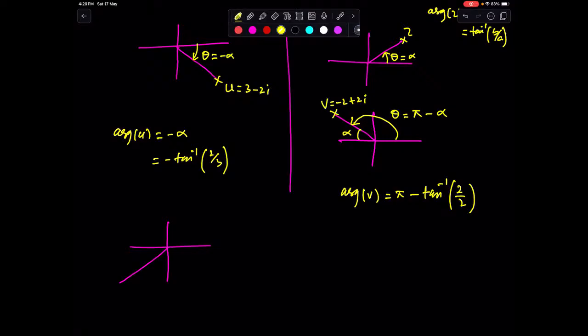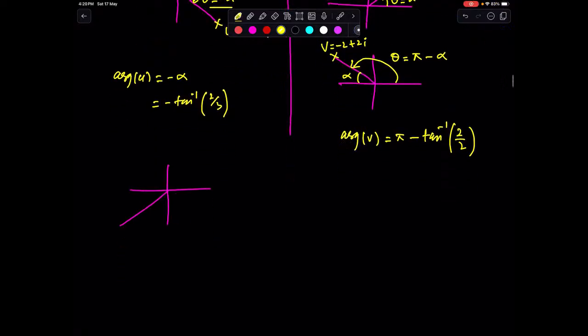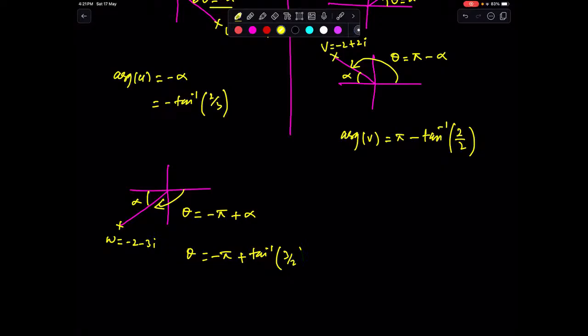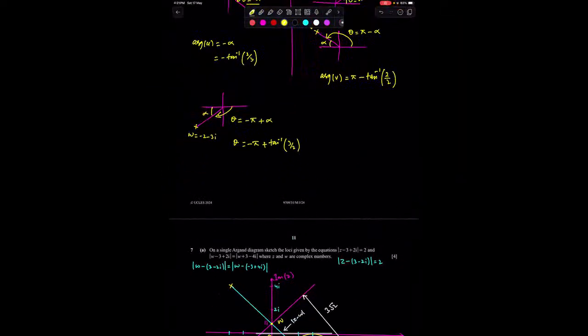In fourth, theta is equal to minus alpha. In third, if your complex number w is here, for example, minus 2 minus 3i, its argument should be minus pi plus alpha. So minus pi plus tan inverse 3 upon 2. I hope you have understood this.